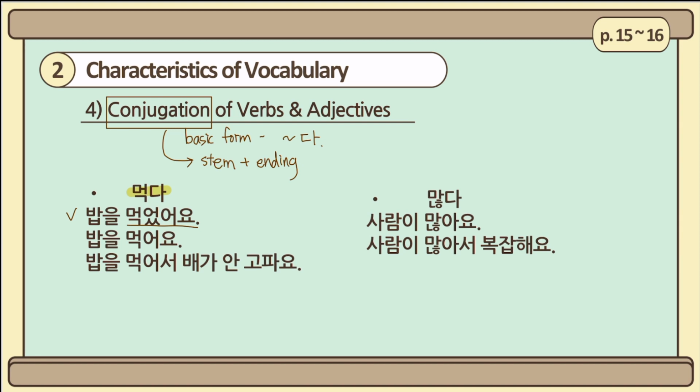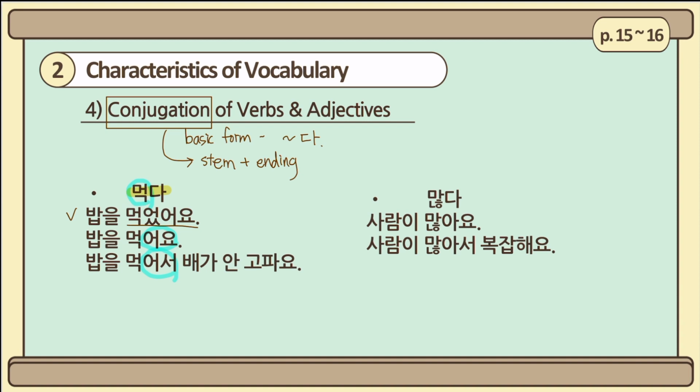For example, the stem 먹 of 먹다 is combined with the final ending 어요, indicating the present tense to become 밥을 먹어요, I'm eating. Also, when combined with the connecting ending 어서, you can say 밥을 먹어서 배가 안 고파요. I'm not hungry because I ate.